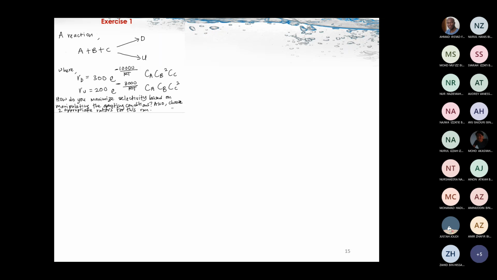Okay, so the solution is, we need to increase or maximize the selectivity, by first manipulating the concentration of reactants. The second one is kita kena manipulate temperature of reaction.